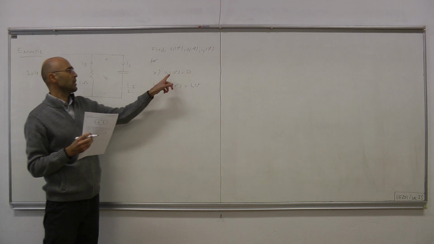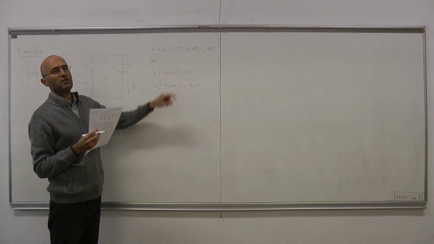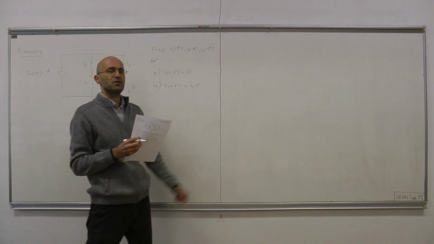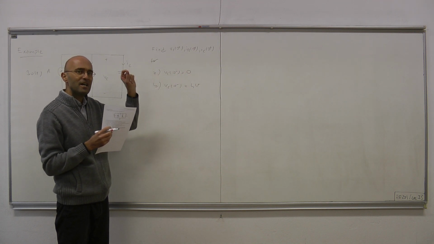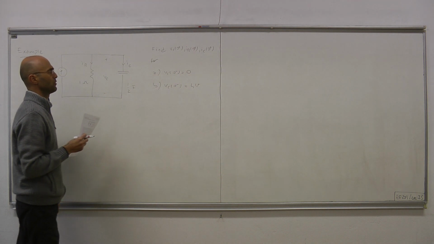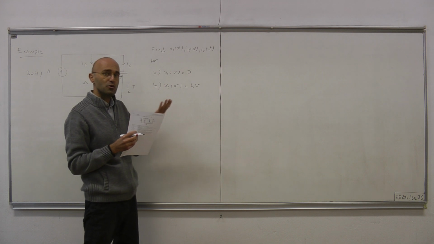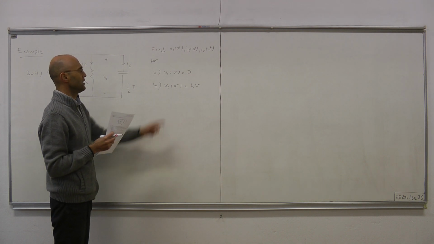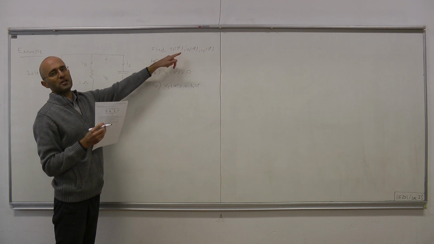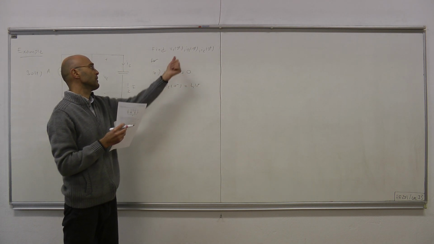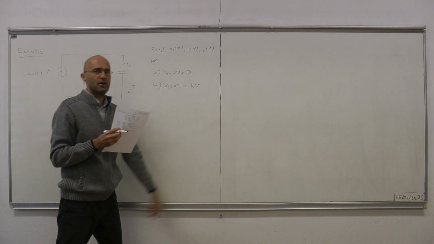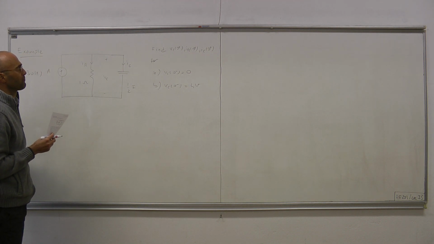Now we already know what that 0 minus or something minus notation means. This means the time just before 0, arbitrarily close to, but a little bit earlier than t equals 0. Likewise, 0 plus means arbitrarily close to 0 from the right, but a little bit later than t equals 0.